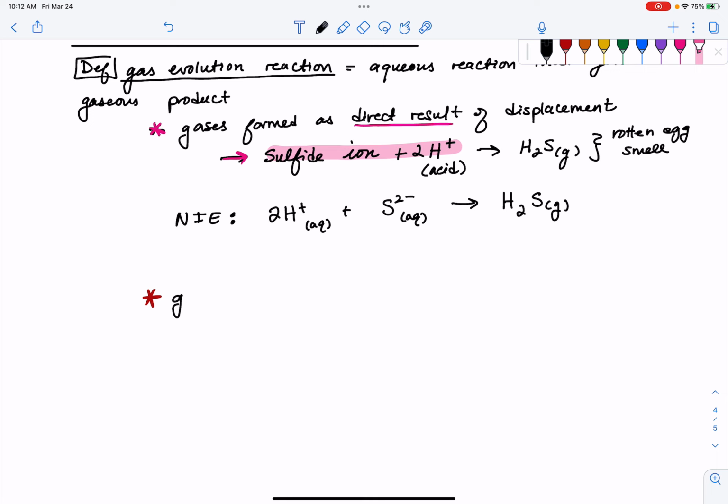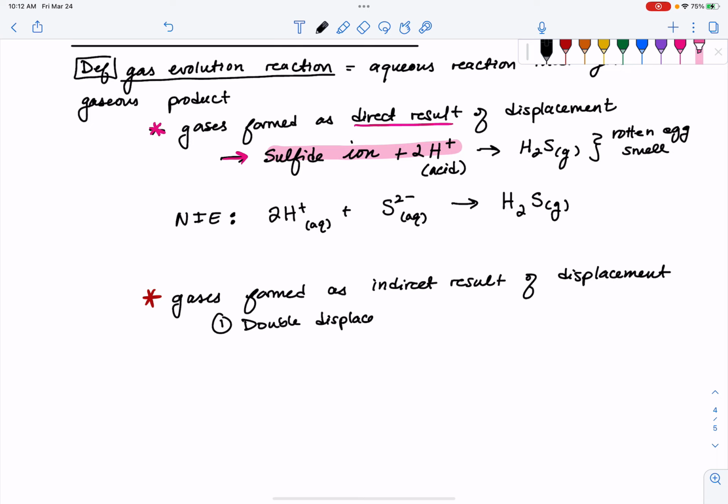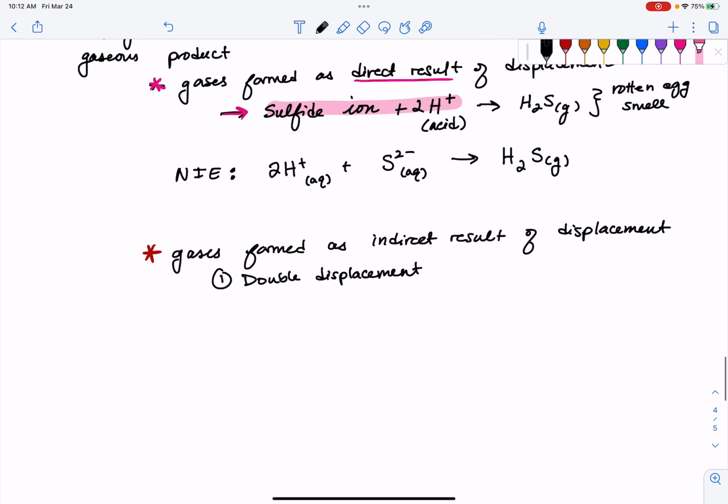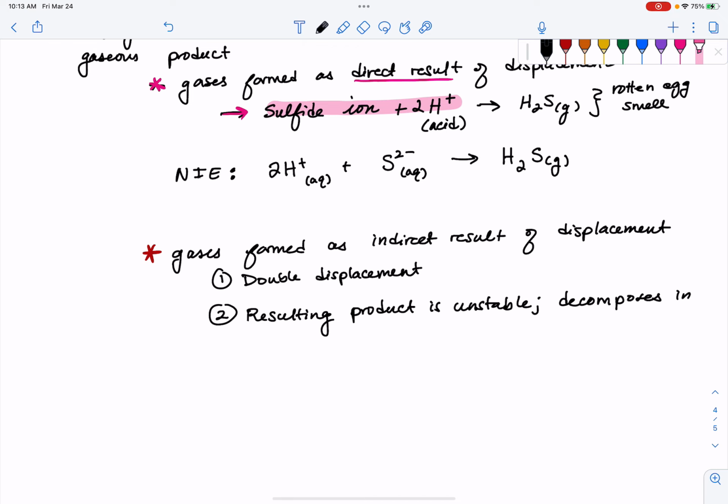So gases can also be formed as an indirect result of our aqueous displacement, where first our double displacement, like we saw in precipitation, happens first, and then almost immediately or instantaneously after that double displacement occurs, one of those resulting products that is made is so inherently unstable that it immediately decomposes into some kind of gaseous compound.